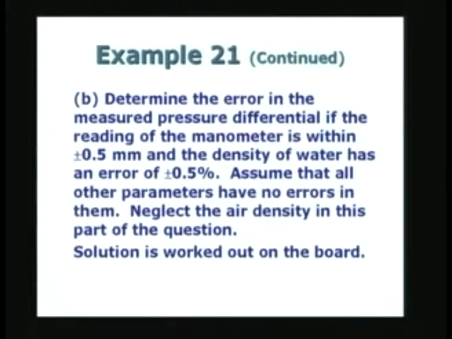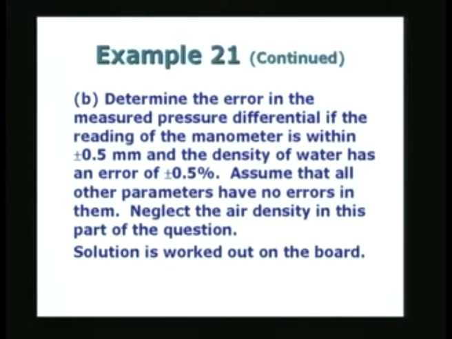The second part of the question is to determine the error in the measured value of the pressure if the manometer reading itself is subjected to some error of plus or minus 0.5 millimeters. While taking the reading, we make that kind of an error, and also the density of water has an error of about 0.5%, because it is uncertain because of various reasons, especially the temperature measurement, or the temperature is given as 20 degrees.